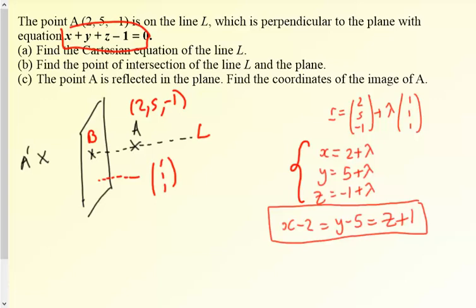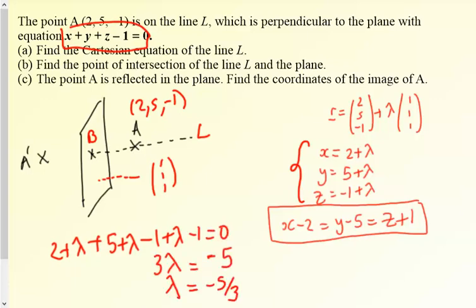So x we know is 2 plus lambda, y is 5 plus lambda, and z is -1 plus lambda. Well, if we subtract 1 from that we should get 0, which gives me a value eventually of lambda equal to -5/3.